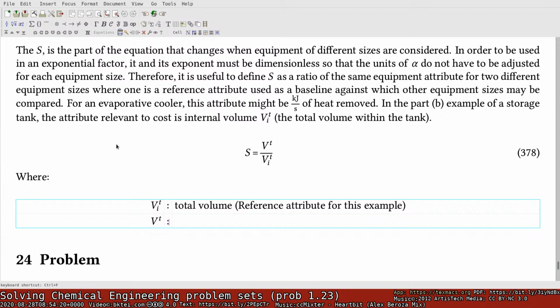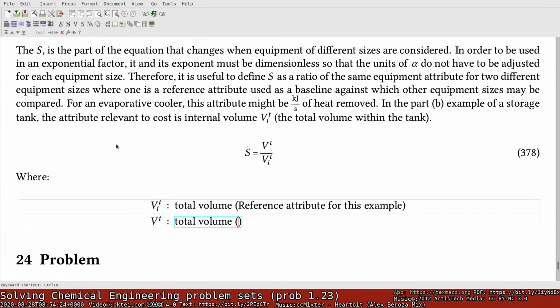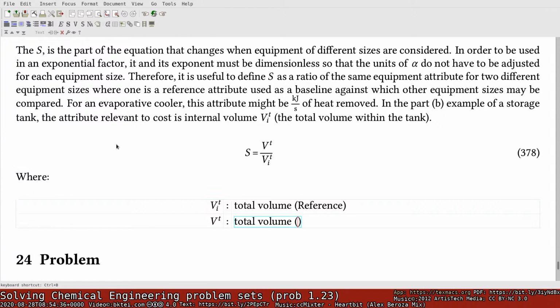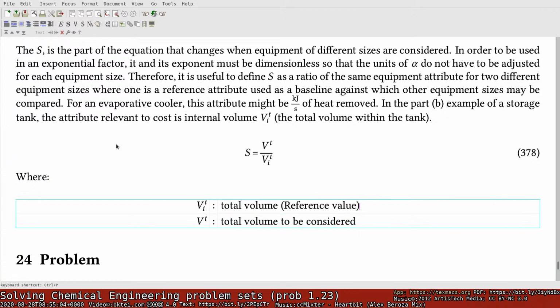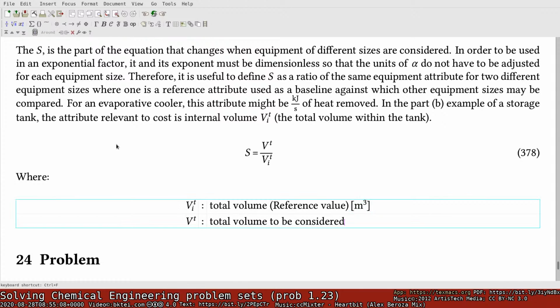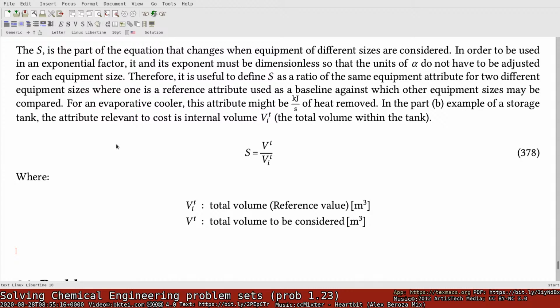And then V raised to T is total volume, and it is the reference value. Let's go ahead and give it units.